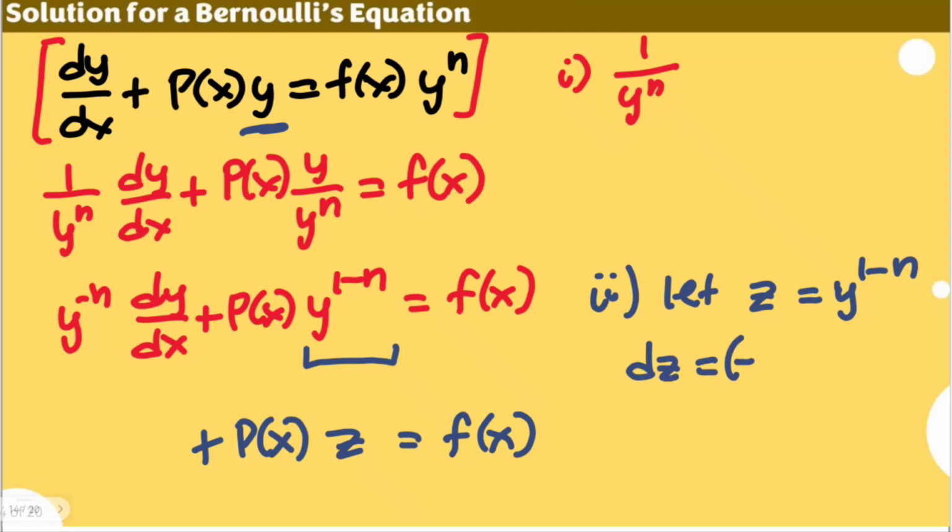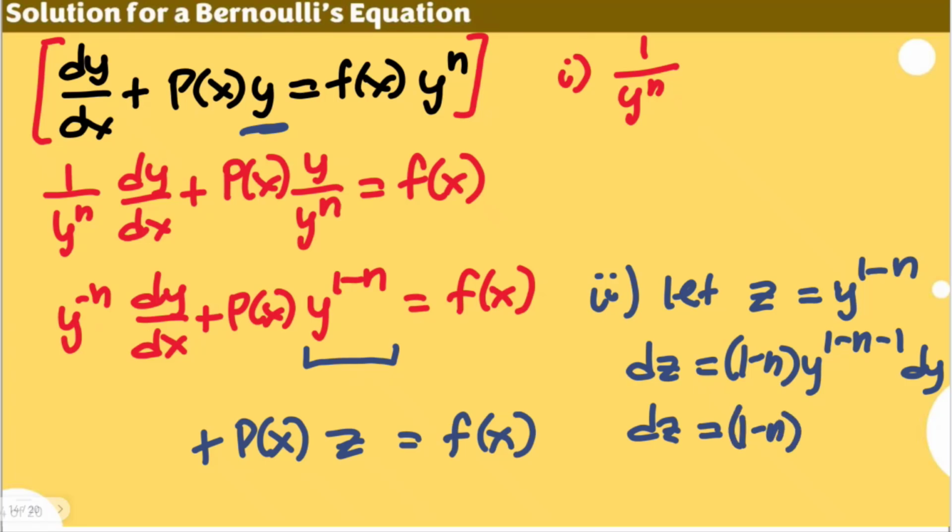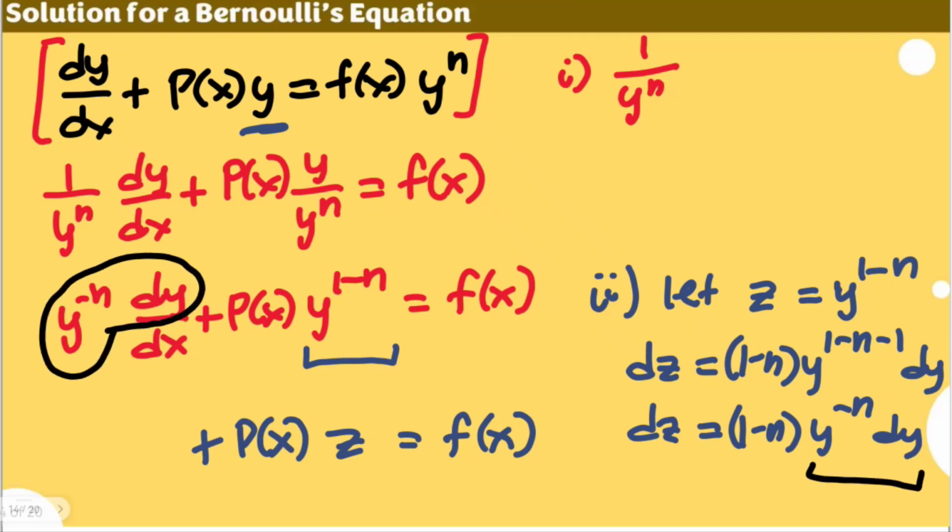So you have here 1 minus n, y to the power of 1 minus n minus 1, right, when you take the derivative, and you will have your dy. In short, our derivative of z is just equal to 1 minus n times y to the power of negative n dy.